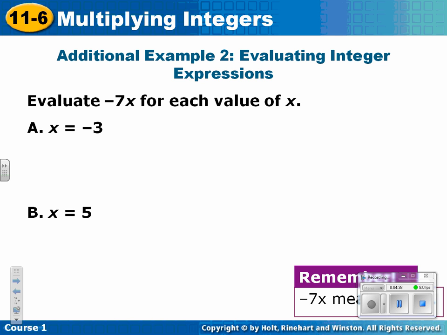Negative 7 times x, and then it tells us x is negative 3, so this problem actually is negative 7 times negative 3, which is 21.